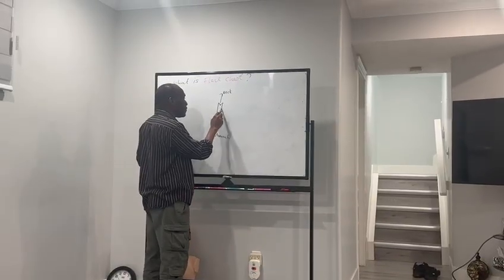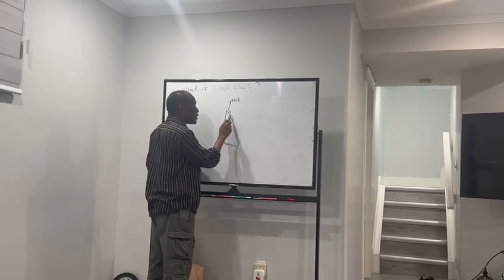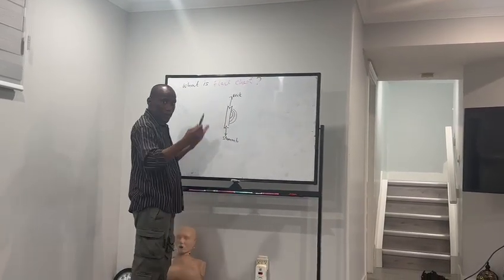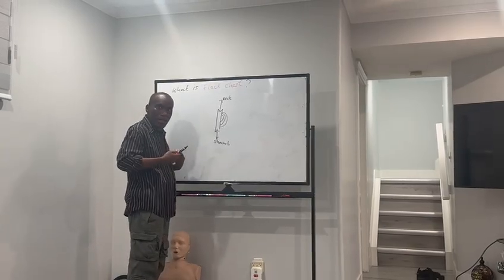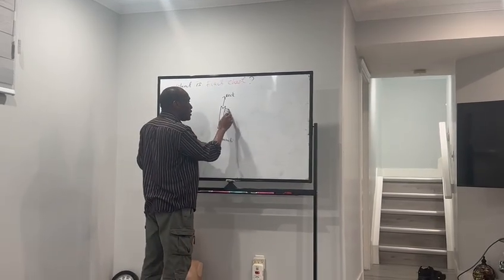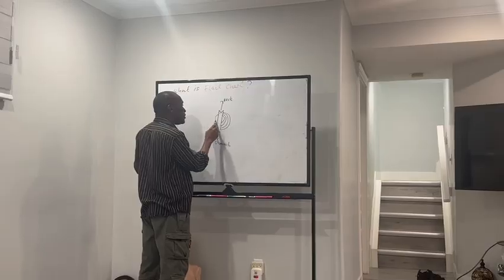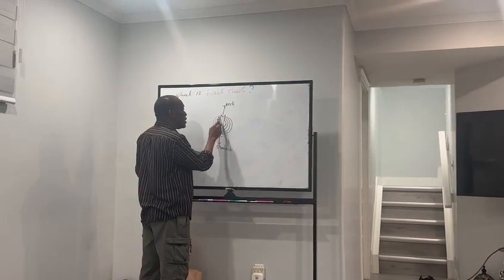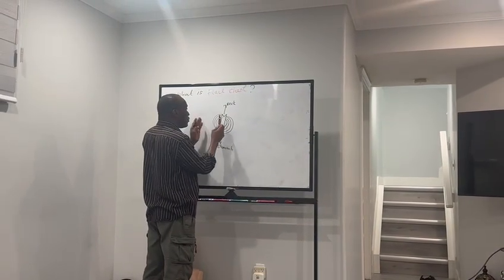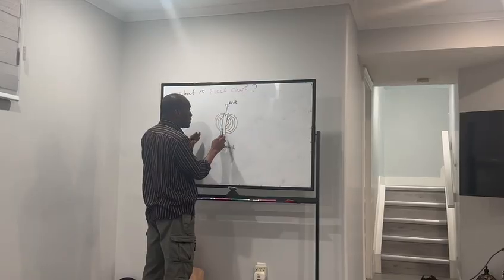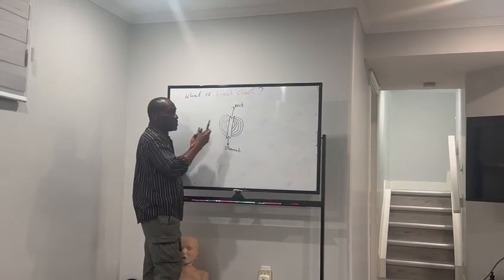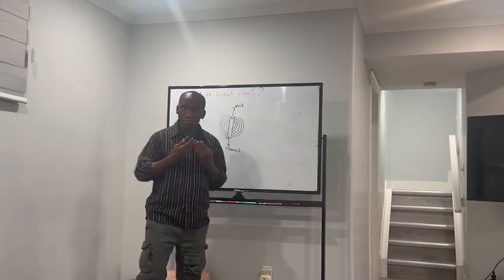Now you have the ribs that protect the vital organs like the lungs and the heart. You have the ribs, and on the opposite side you also have them. Below, you have all those vital organs, the heart and the lungs in particular.